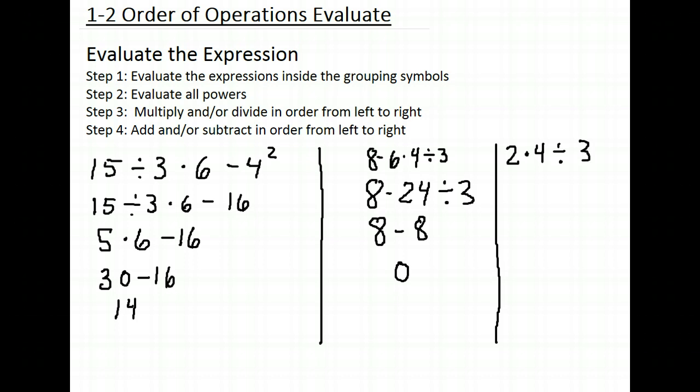So now we're just working left to right. 2 times 4, which is 8, divided by 3. 8 divided by 3 is not a whole number. 8 divided by 3 is 2 and 2/3, which is not the same thing as 0. So this shows you that you have to do order of operations in order to get the correct answer.